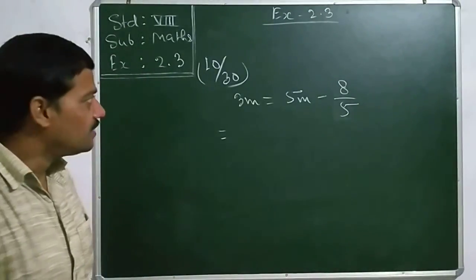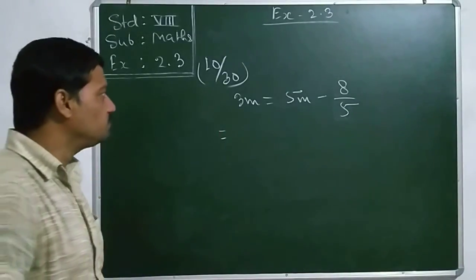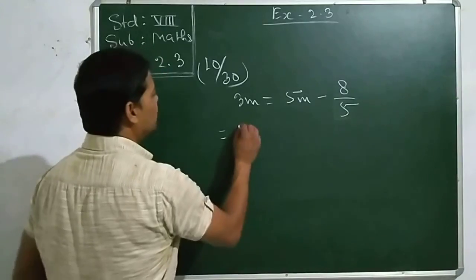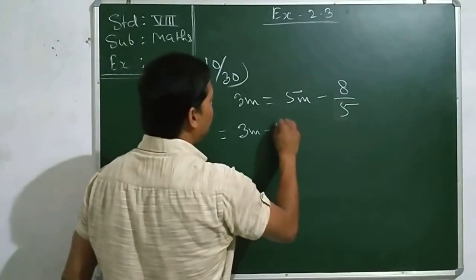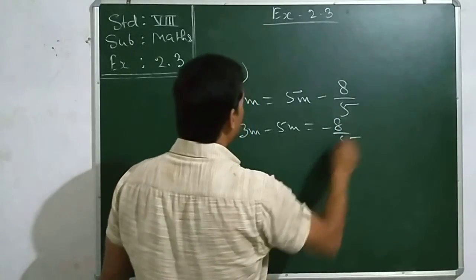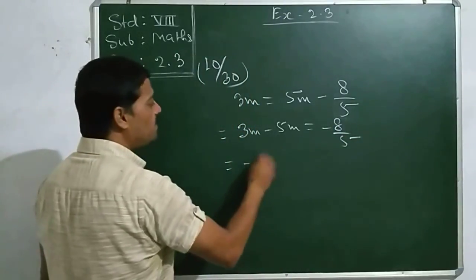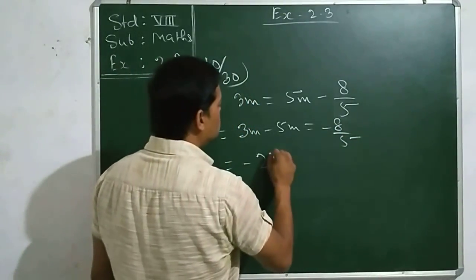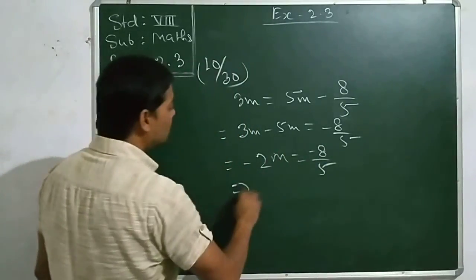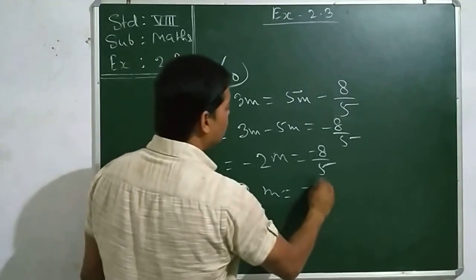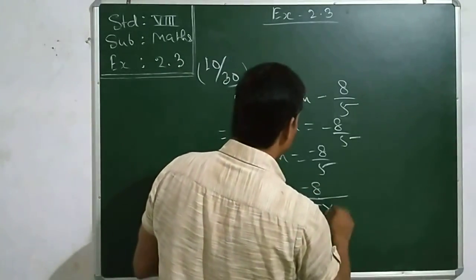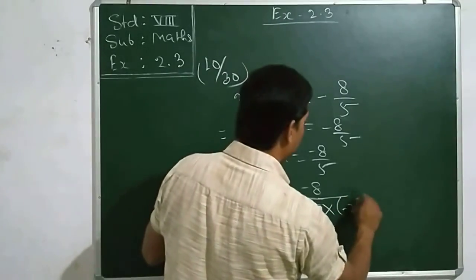This was one of the ways, and another way I have also taught you, that is multiplying by 5. I think we will get the simplest way here. 3m minus 5m equal to minus 8 by 5. So 3m minus 5m result is minus 2m equal to minus 8 by 5, or m equal to minus 8 by 5, and in the denominator minus 2 will appear like this.